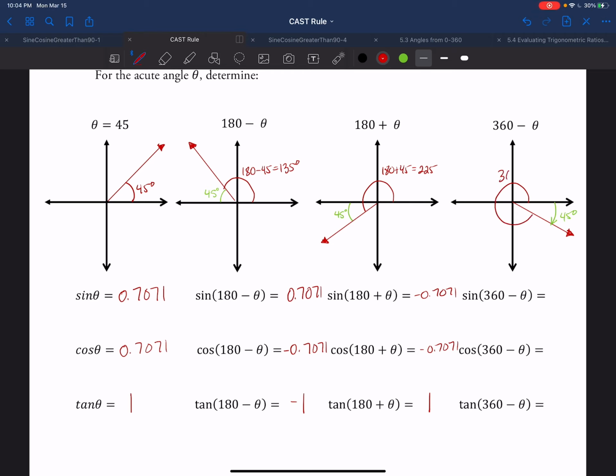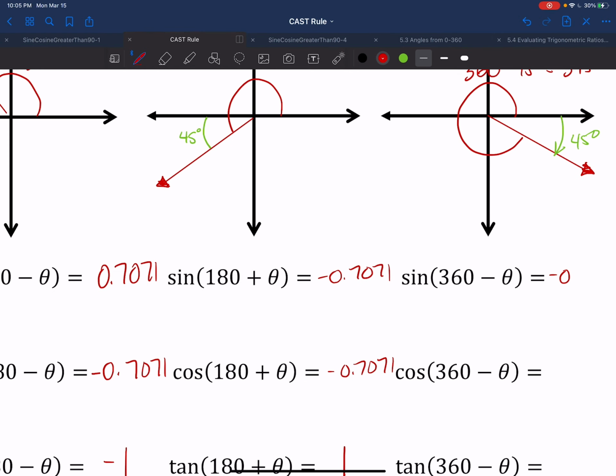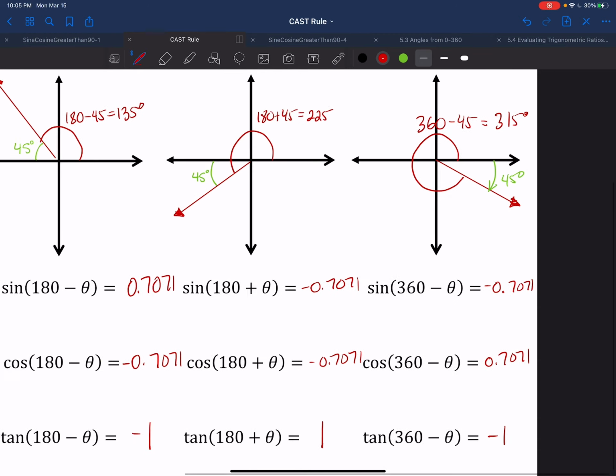So 360 minus 45 is going to be, what is that, 315? Okay, so again, it's the same ratios, but because we're in the fourth quadrant, only cos is positive. All the other ones are negative.